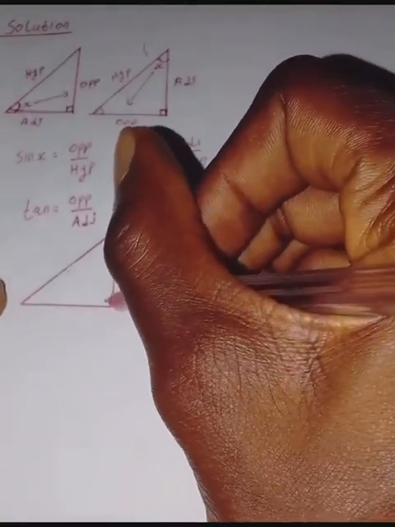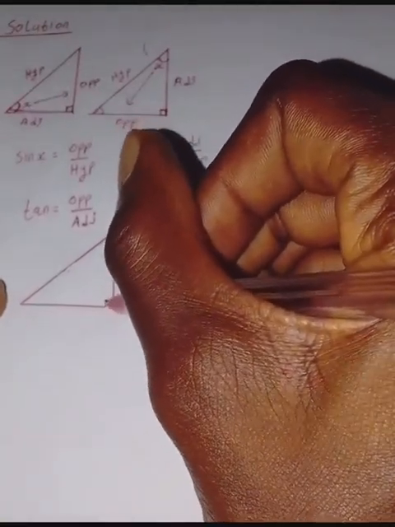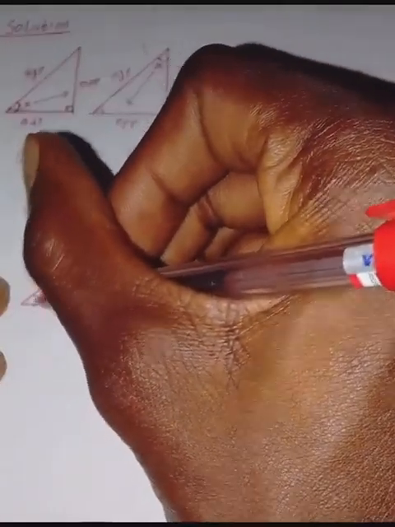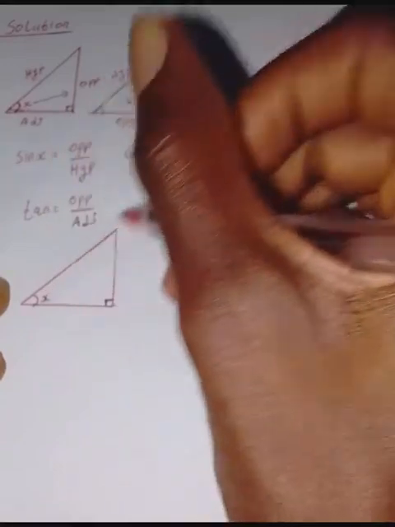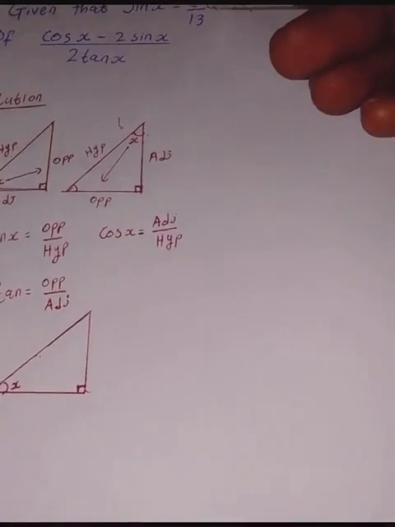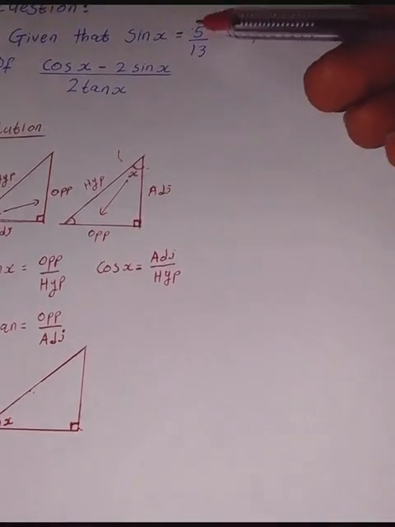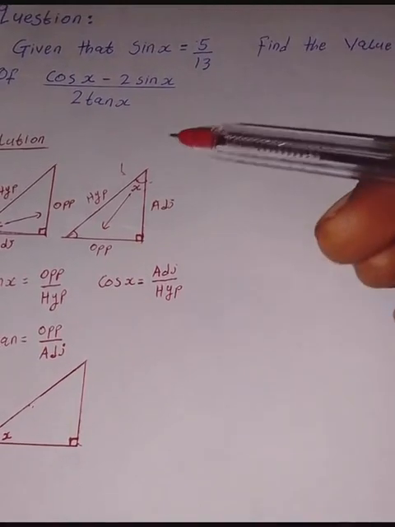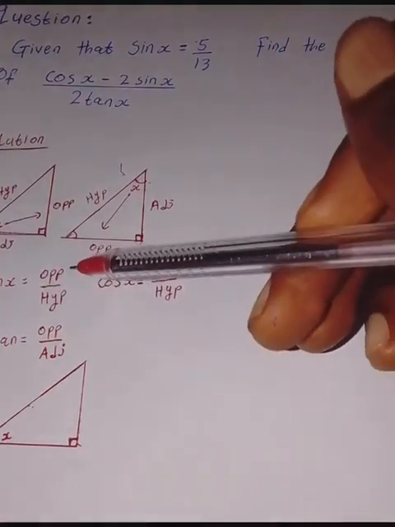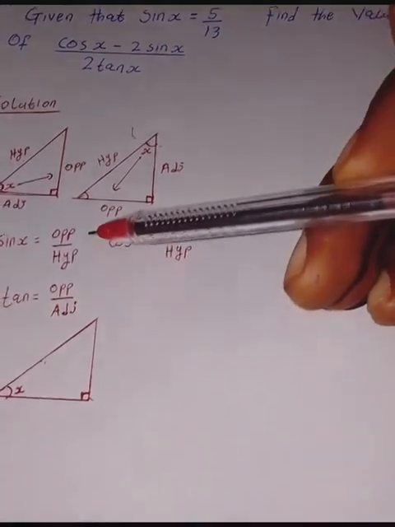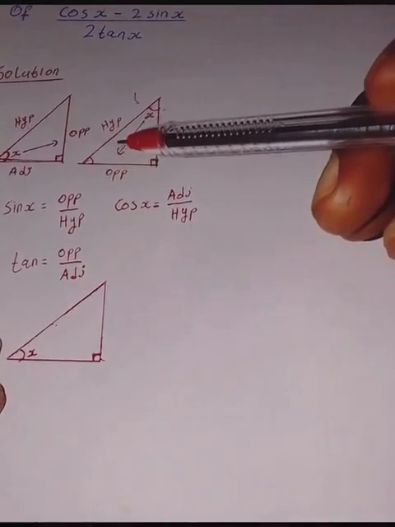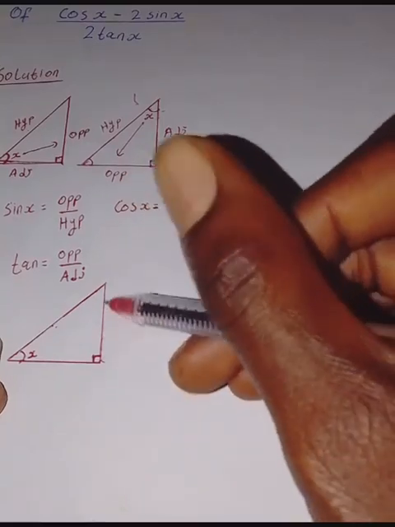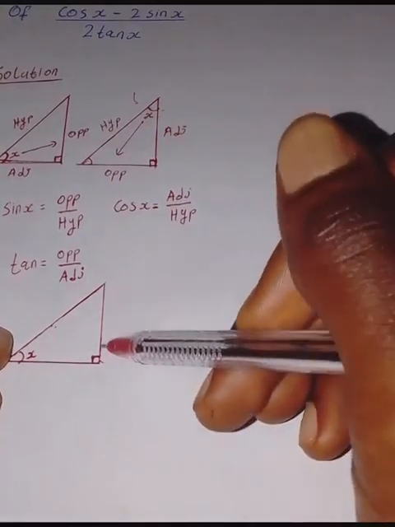And this part here is 90 degrees. Now let's place the angle x here. They said from the question, sine x equals 5 over 13. Sine x is opposite over hypotenuse. I said the opposite is the side facing the angle. So this is the side facing x here. So it's the opposite.